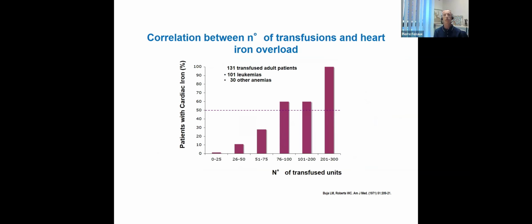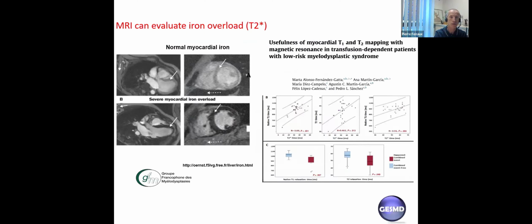So, as you can see here, you really start to have a frequent cardiac infiltration after 70 to 75 concentrates. This is a relatively long term. And so patients, especially with sideroblastic anemia, who can be transfused for years, may unfortunately have this overload unless you prevent the iron overload. And the best way to assess the cardiac overload is by MRI, which measures the T2 star.